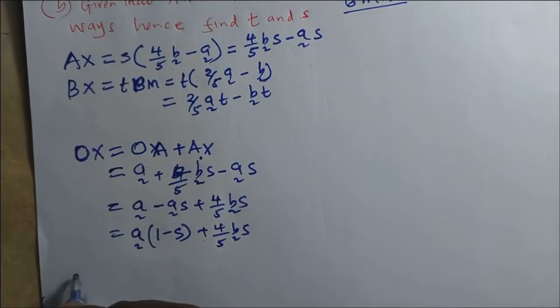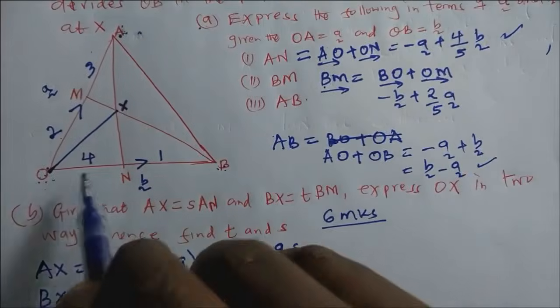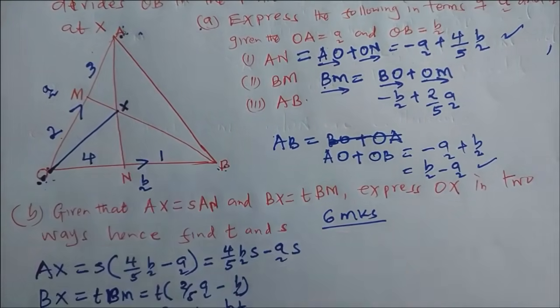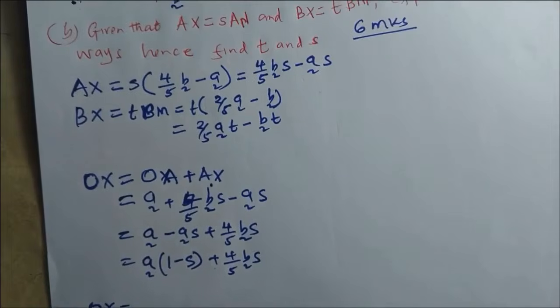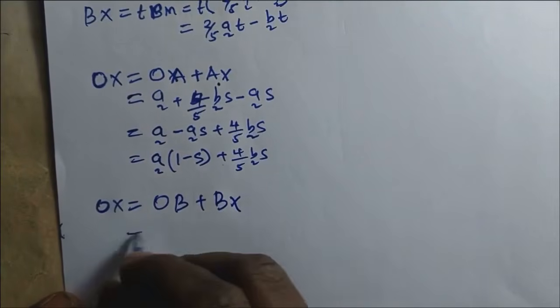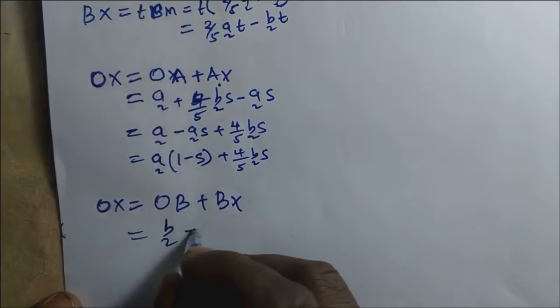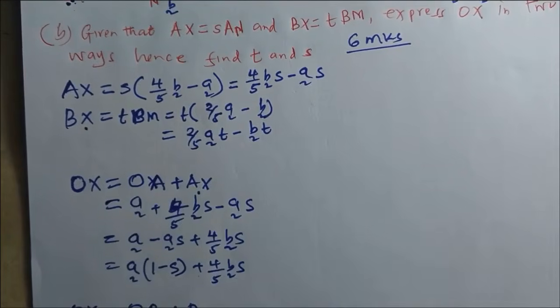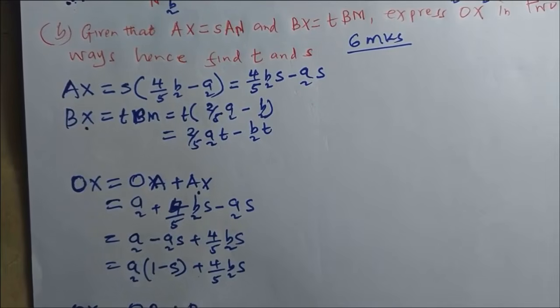Now another way, OX is also equal to OB plus BX. We know OB is B, plus BX. We have our BX here, BX is equal to 2 over 5 AT minus BT.